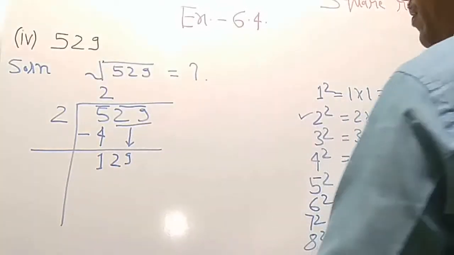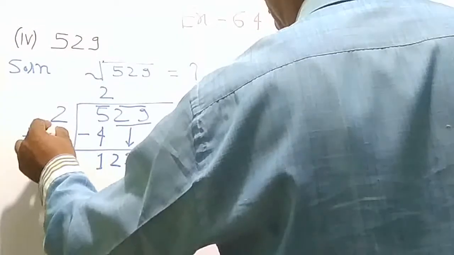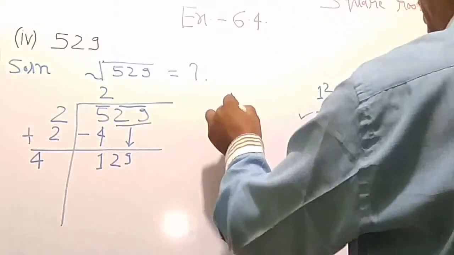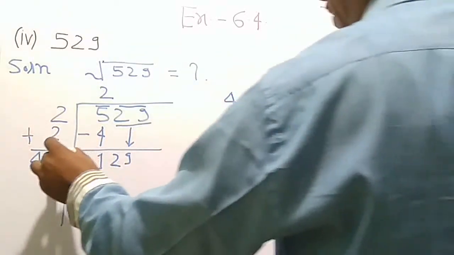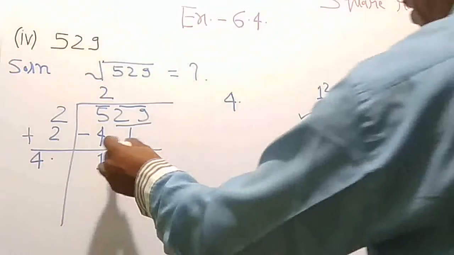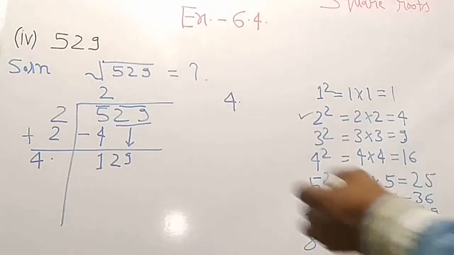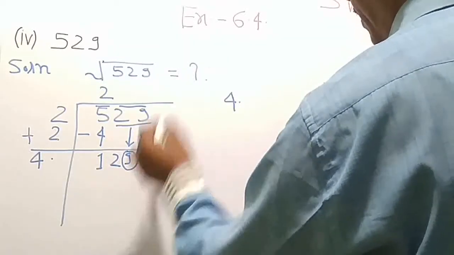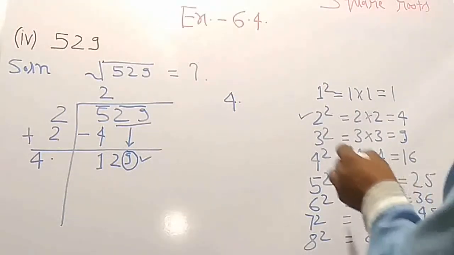Now it is 129. Now we add 2 with this. 2 plus 2 gives the 4. So the new number is 4, and we are going to use one more number here for deriving the 129. The last unit place digit is 9. So here 9 comes in the 3.